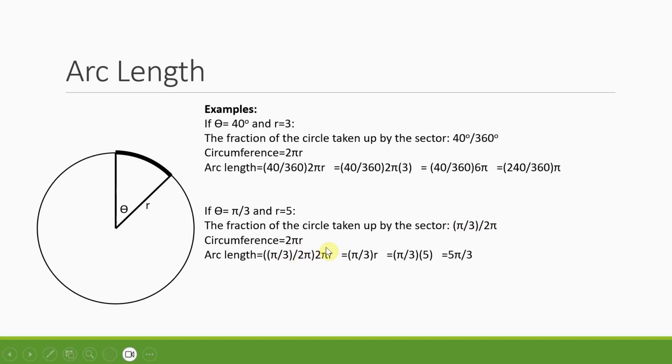So that 2 pi crosses out that 2 pi, so then I'm left with pi over 3 times r. Radius is 5, so I can put that in for r, and that becomes 5 pi over 3. And that'll be your final answer. That one you're not going to simplify any further, so that's probably the way it's going to look on the test if you're given this one.